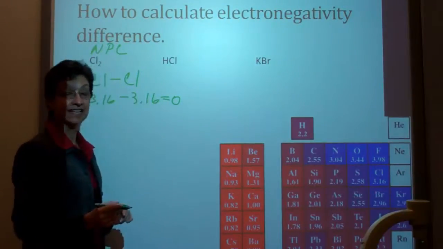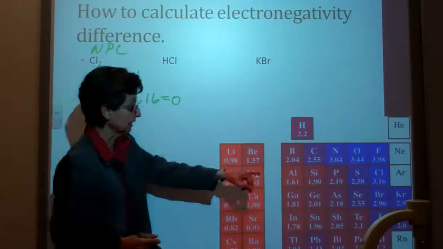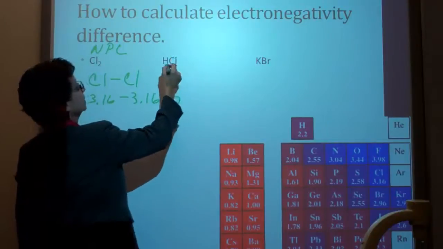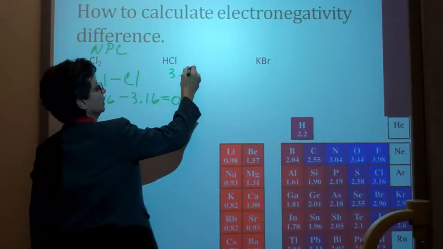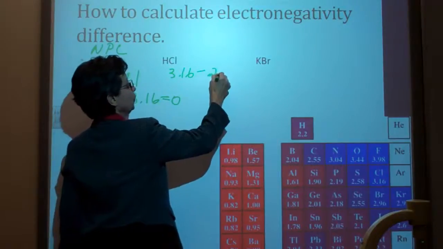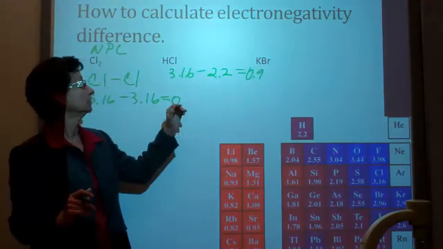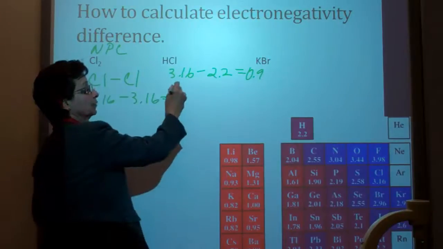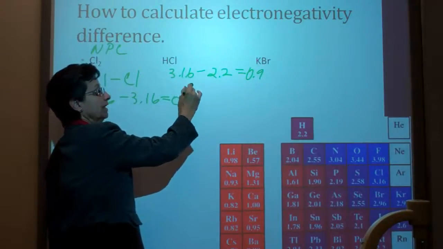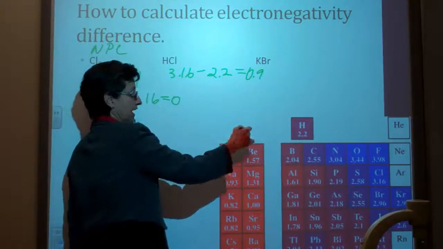When we look at HCl, we have also looked at it. Let's do 3.16 minus hydrogen 2.2. All right, so now we have HCl. We're 3.16. This is the electronegativity of chlorine. This is the electronegativity of hydrogen.